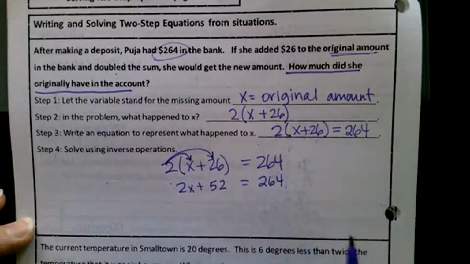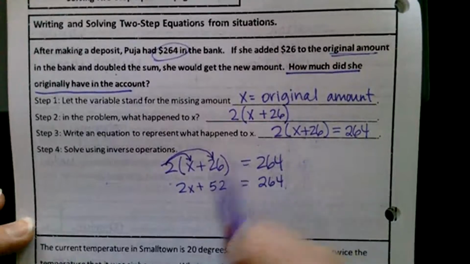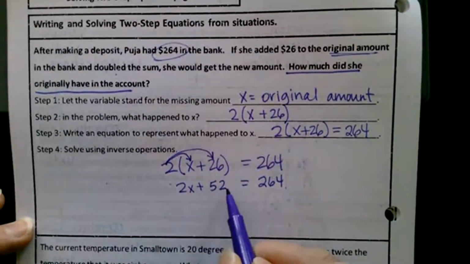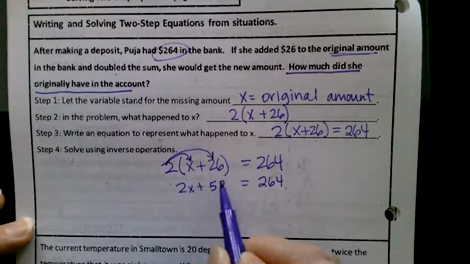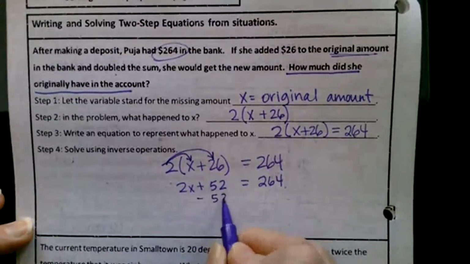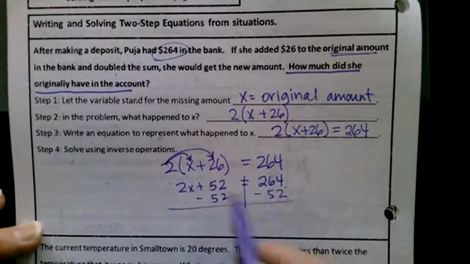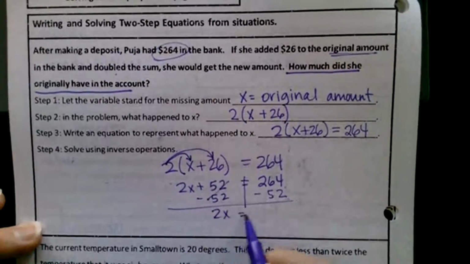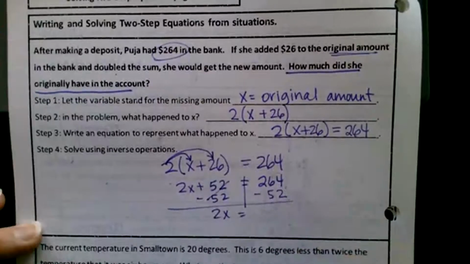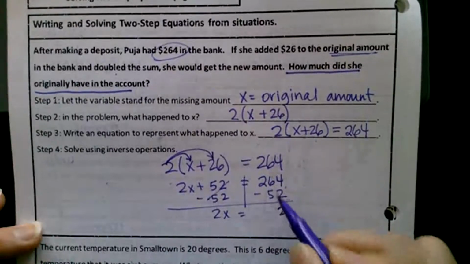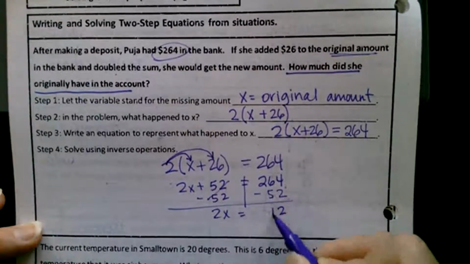Now I can start using inverse operations. I have 2 times x plus 52. I'm going to undo this plus 52 by subtracting 52. And remember, I have to do it to both sides. So those cancel. I get 2x equals 264 minus 52. 4 minus 2 is 2. 6 minus 5 is 1.